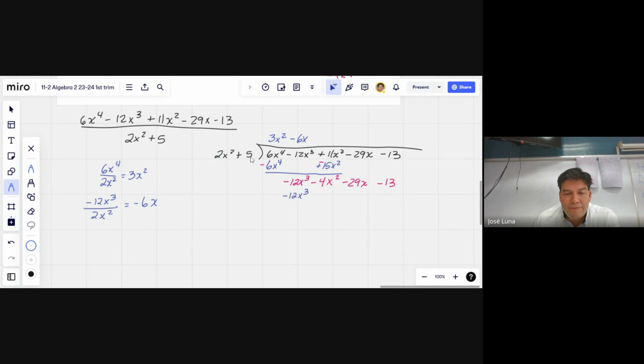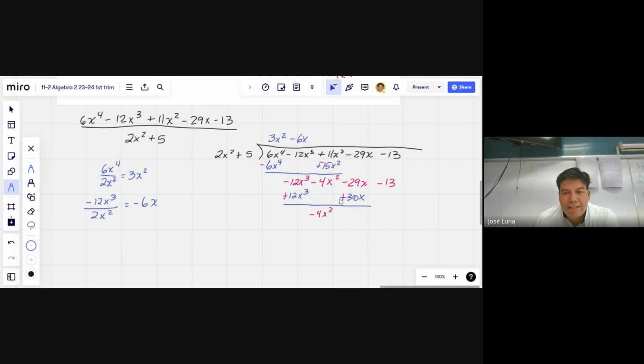Negative 6x times 5 is negative 30x, so not under the x squared, but under the x. Okay, and then I need to subtract. Instead of subtracting, I'm going to change the signs. This becomes a positive, this becomes a positive, and I'm adding negative 12x cubed plus 12x cubed. They cancel. Negative 4x squared plus nothing is just negative 4x squared.